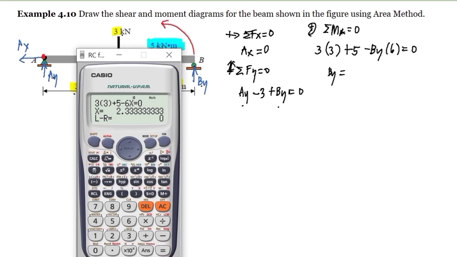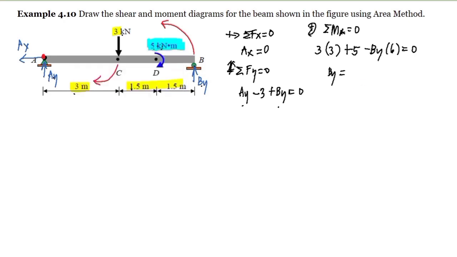So, meron akong BY na 2.333. Tatlong decimal place yung gamitin natin ha. Unit natin dito, of course, is kilonewton. Okay? So, we have the value of the BY.